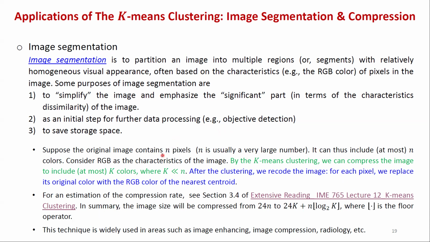Technically, all these n pixels can include different colors, so at the most I can include n colors. However, by k-means clustering, we can make these n pixels include at most k colors, where k is less than n.